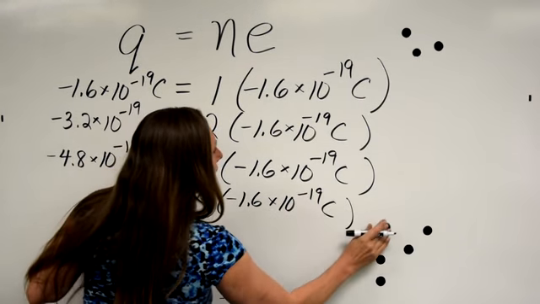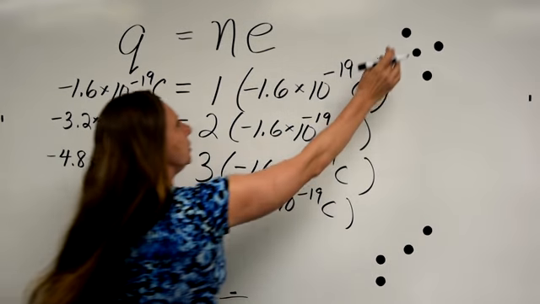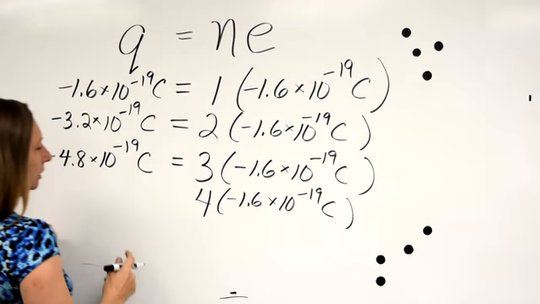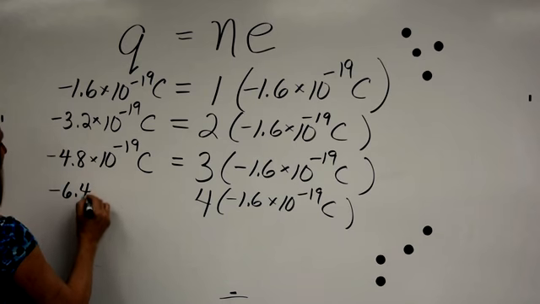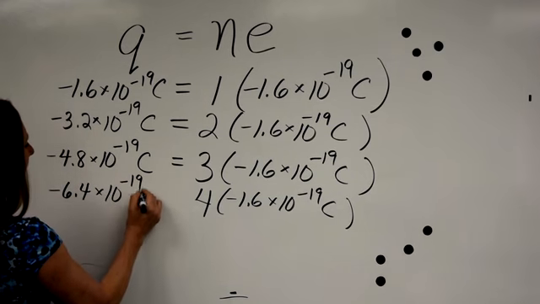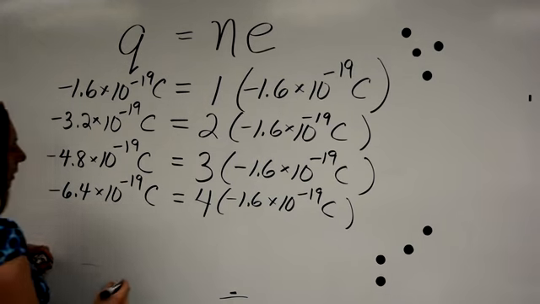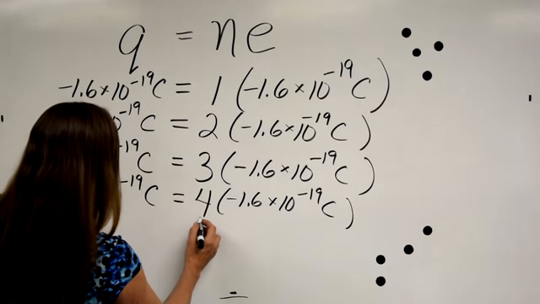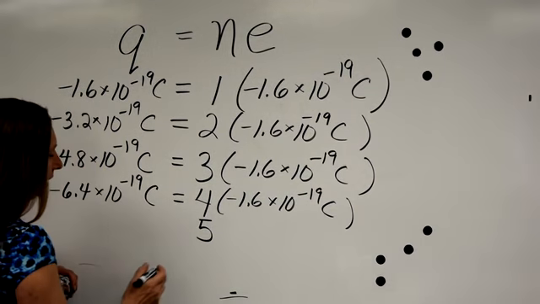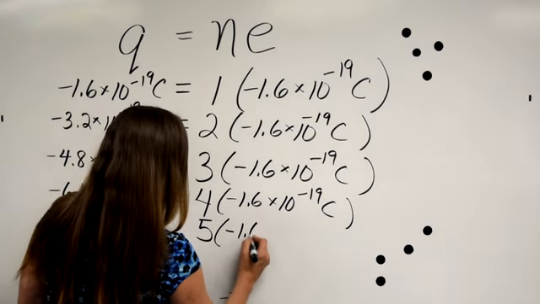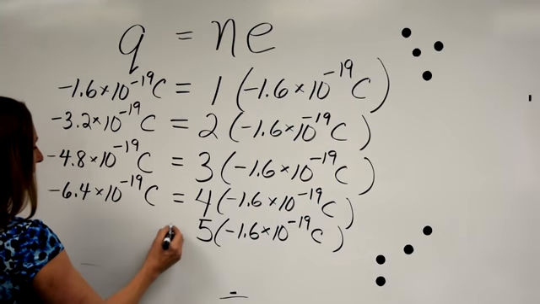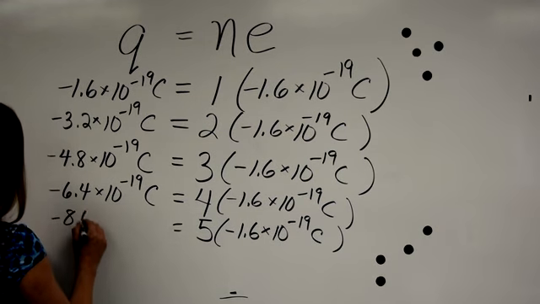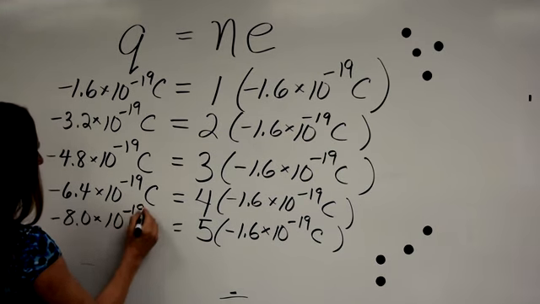The charge on 4 electrons, if each one is 1.6, then 4 times that would be negative 6.4 times 10 to the negative 19 coulombs. 5 electrons, I'm going to write a little smaller because I'm running out of space here. 5 electrons times that much each would be negative 8 times 10 to the negative 19 coulombs.